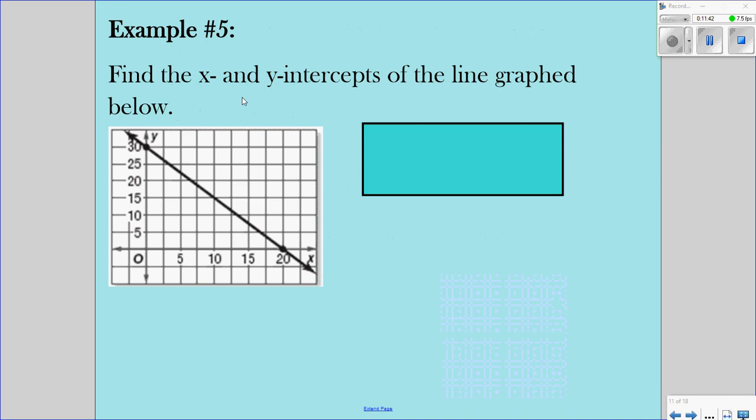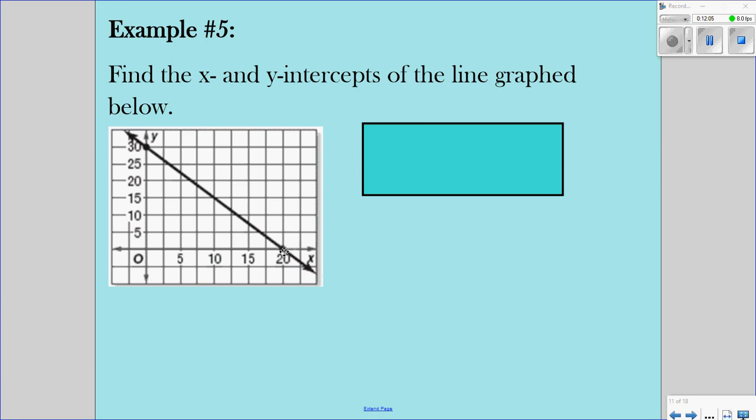Okay, so now we're going to find the x and the y-intercept of the line graph below. So we have the graph. Let's look at the x. It's touching 20, so it's going to be 20, 0. Because if you were to tell someone where this point is located on the graph, you would tell them it goes 20 to the right and then 0 up or down.